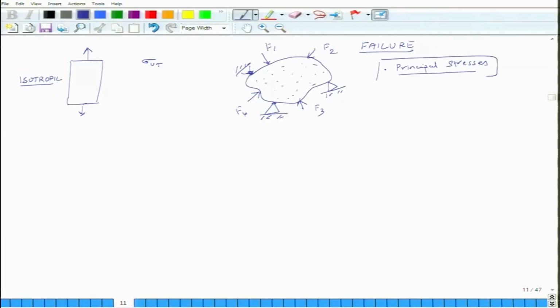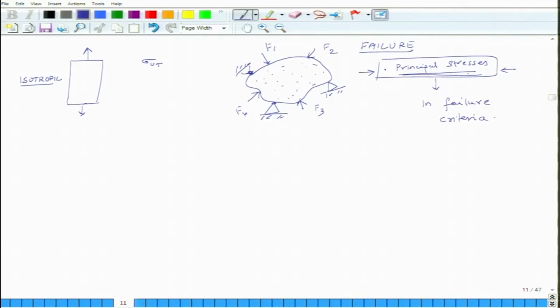But the first step is you figure out the principal stress at every point in the system, and then you use this information in failure criteria to see whether it is failing or not, and at every point you see whether there is a margin of safety or not. This is the overall way we figure out whether an isotropic structure is going to fail or not.